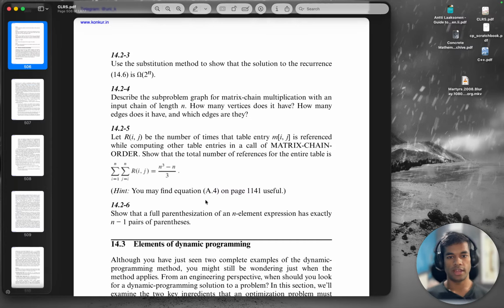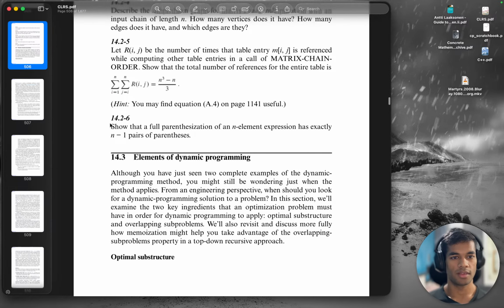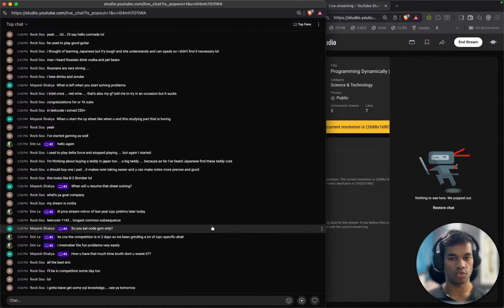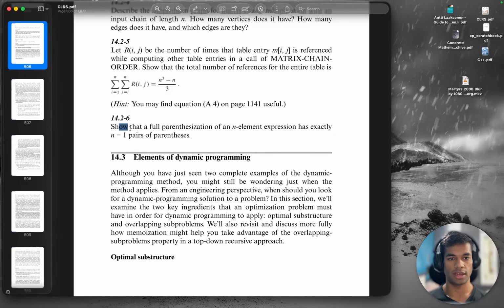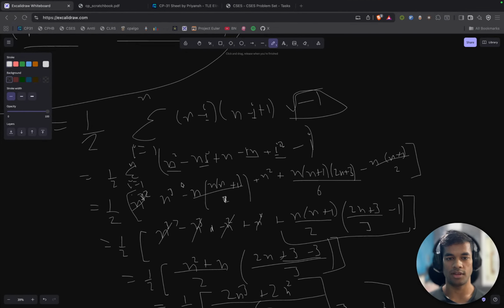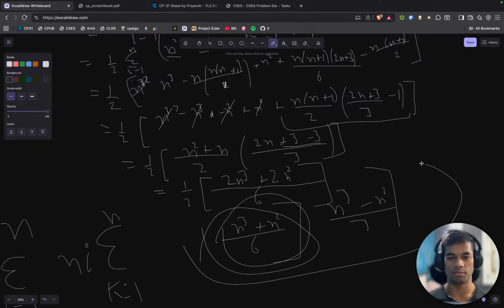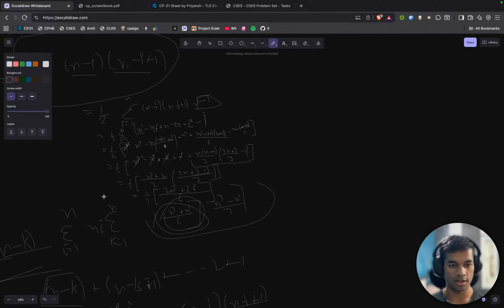Let me find equation A.4 on page 1141. Why does it like 3.14 value of pi? Okay, 0.26. That is what we do now. So this was pretty close, very close. And how did we get to this point?